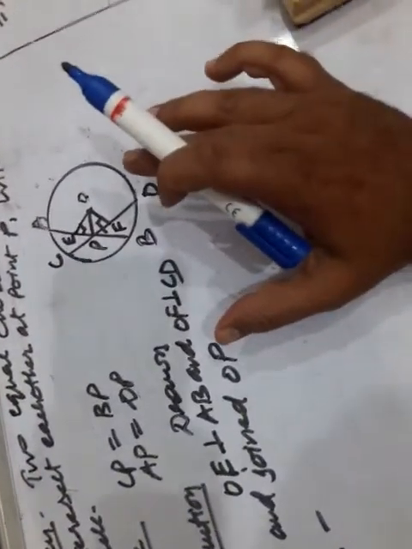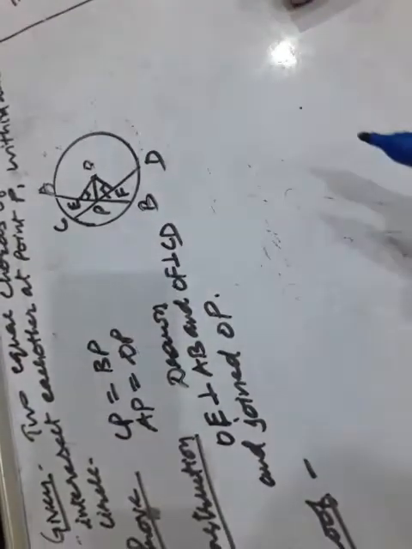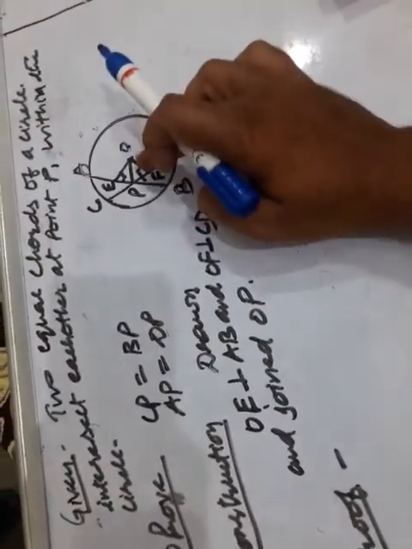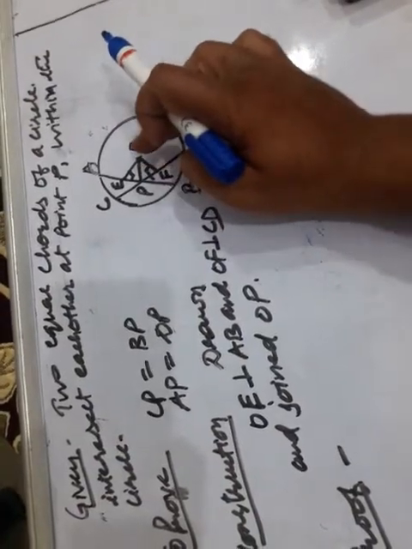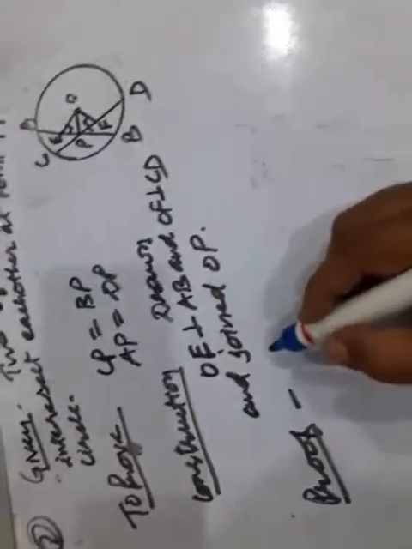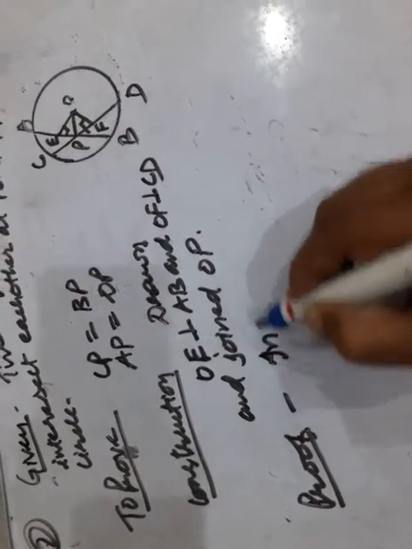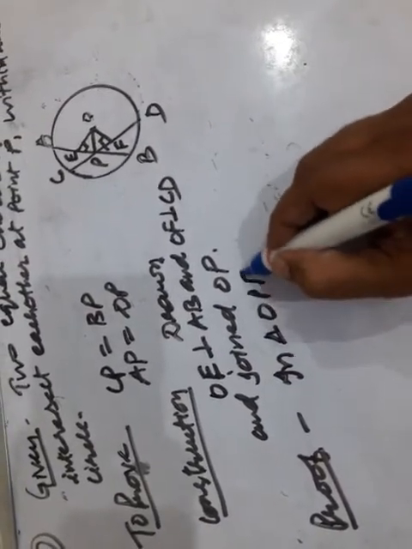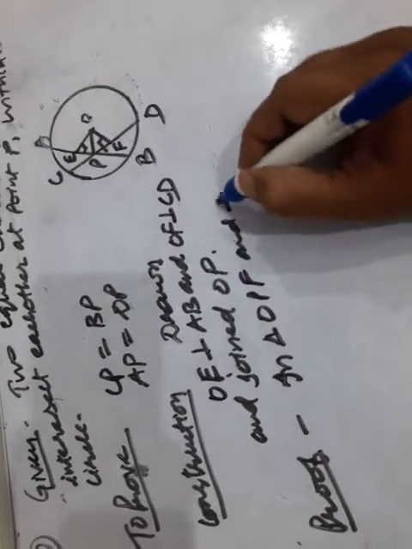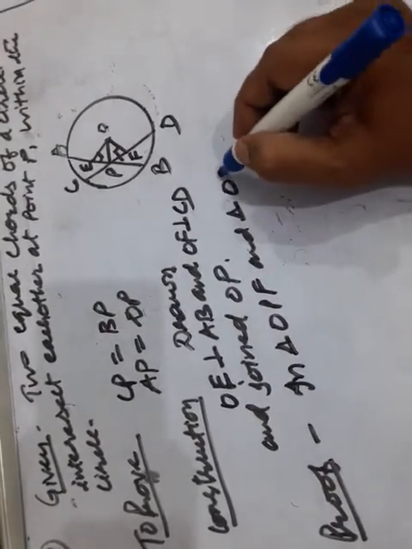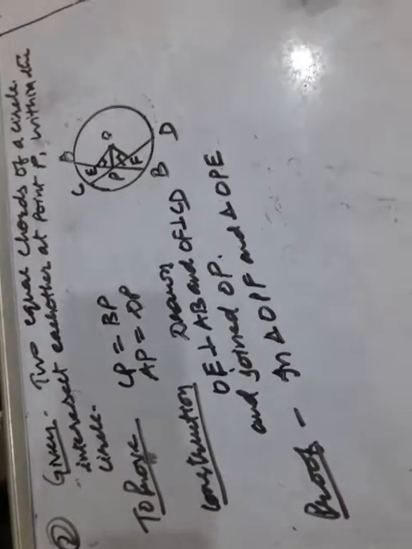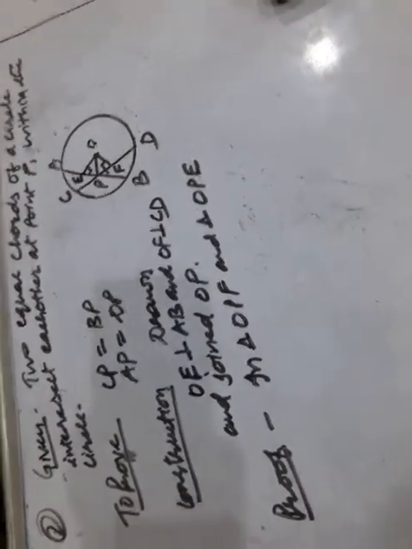Now start the proof, children. This figure is very much important. In triangle OPF and triangle OPE, clear, children? Let us see OPF and OPE.